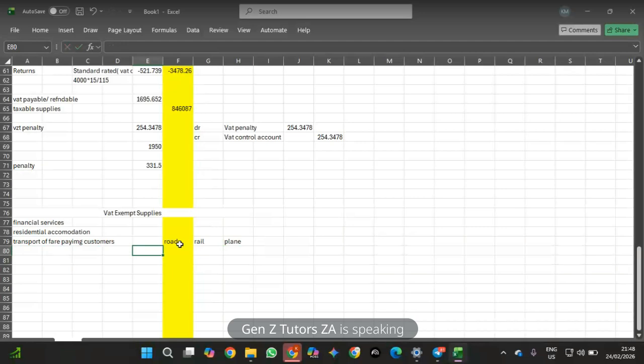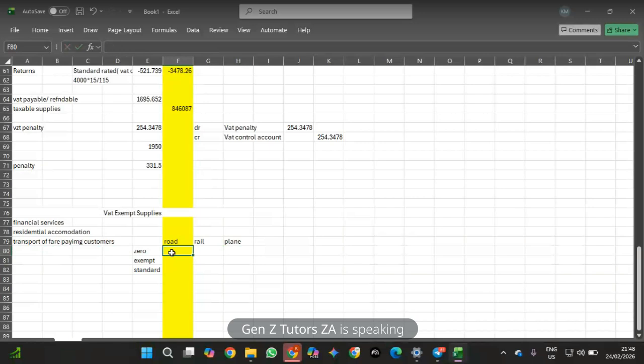And then depending on the situation, there's a portion of this that is zero rated, a portion that is exempt, and a portion that is standard rated. So you have to ask yourself, am I transporting fare paying customers by road?